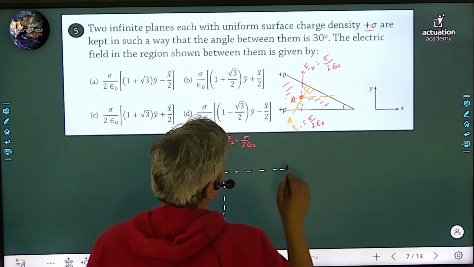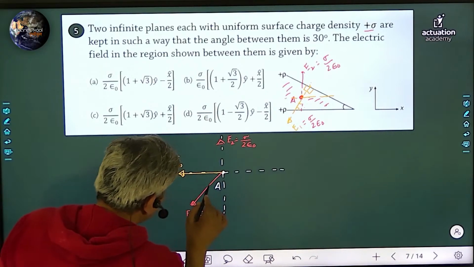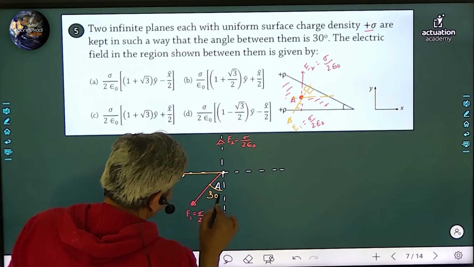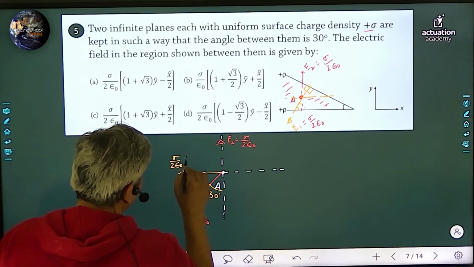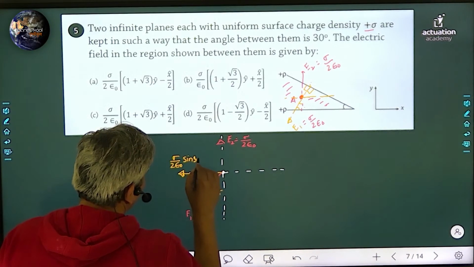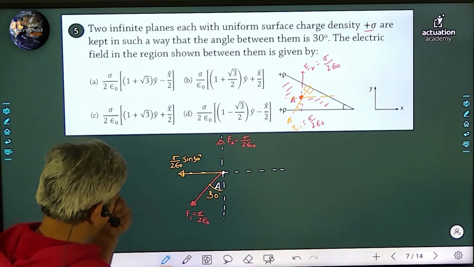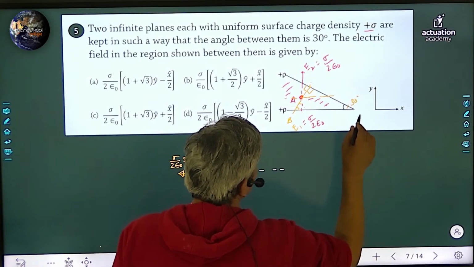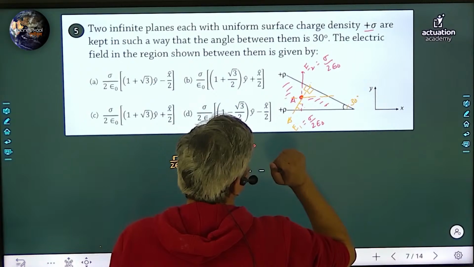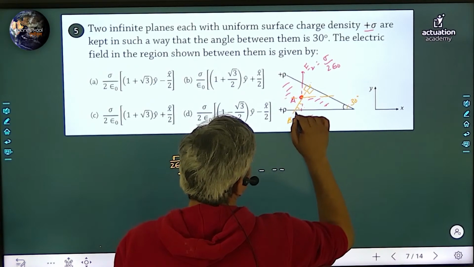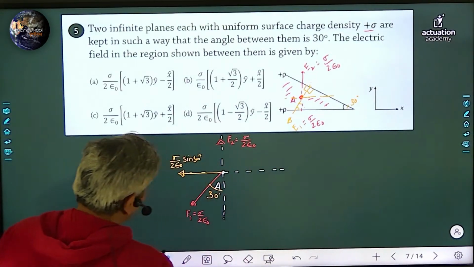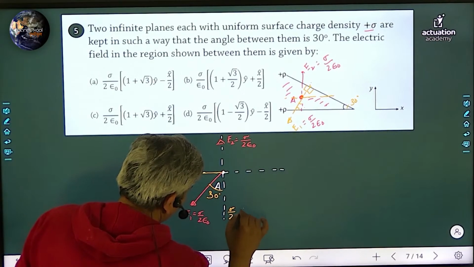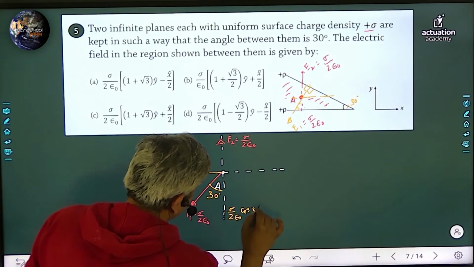This is 30. Okay, so this angle is 30 degree. So this is sine of 30 degree. Right, this is 30, this is 90, this is 60, and this 60, 90, 30. Okay, and this is sigma by 2 epsilon naught cos of 30. Okay.